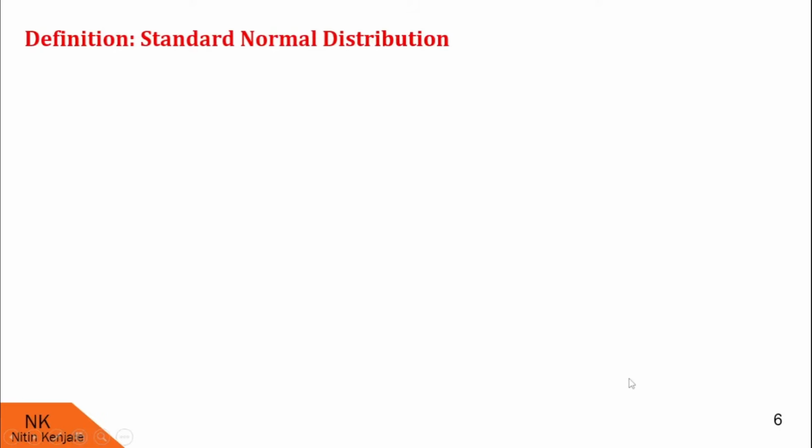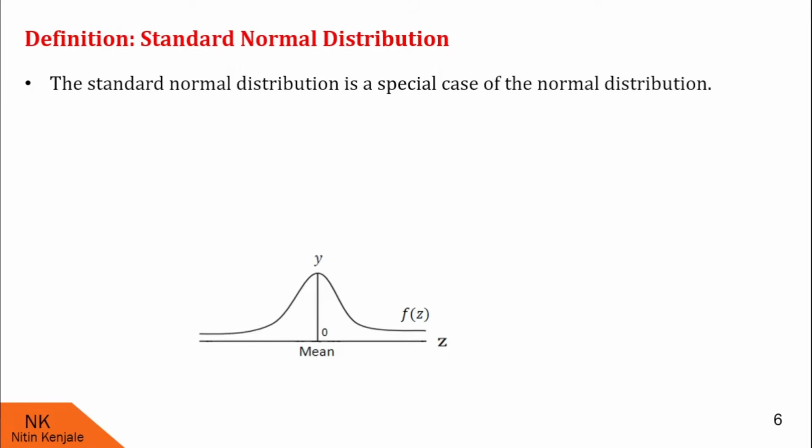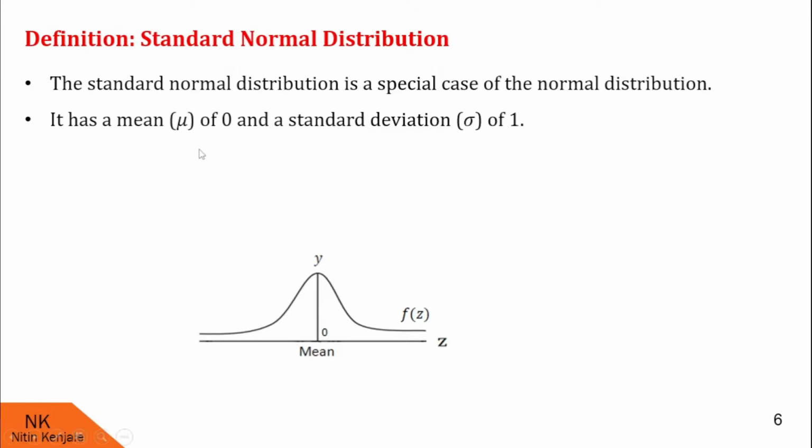Now let us proceed to the definition of standard normal distribution. Guys, in fact, standard normal distribution is a special case of normal distribution. Here, mean is 0 and standard deviation is 1.